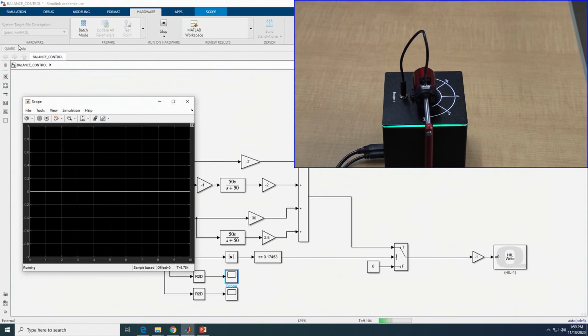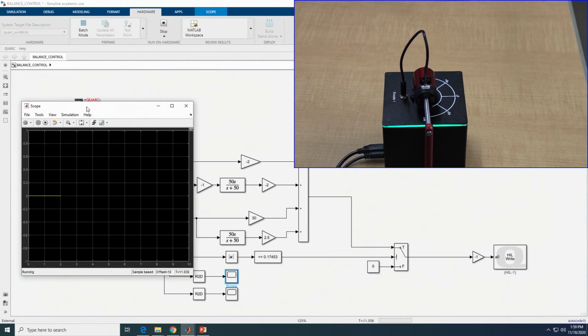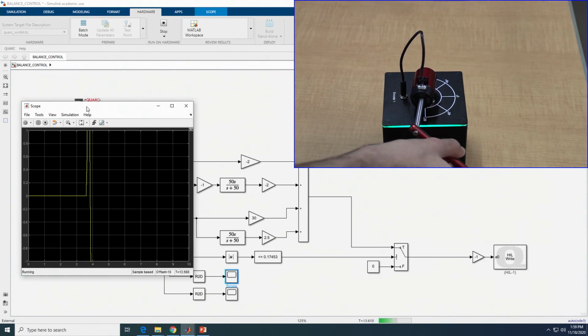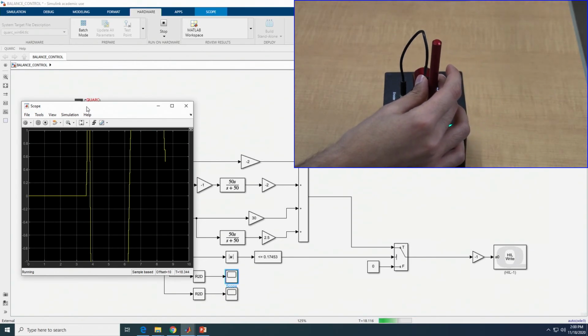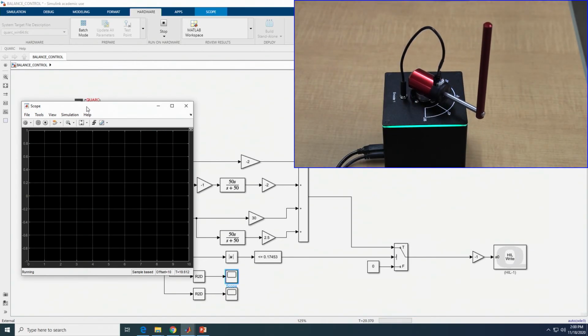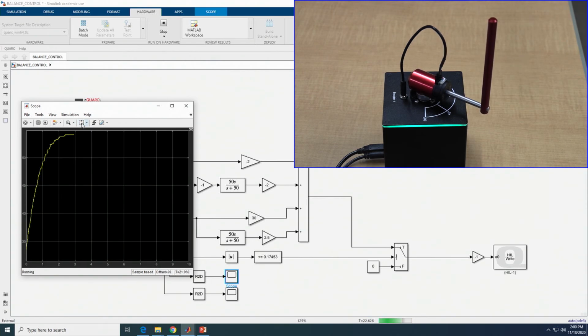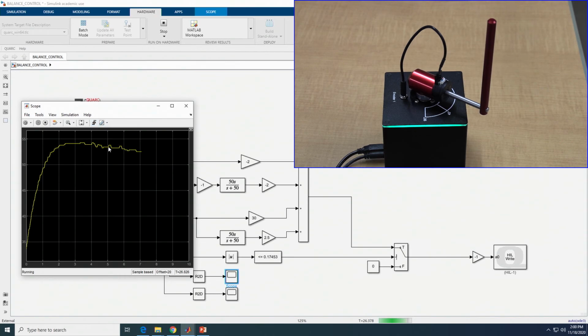Right now the theta value is at around 0. I'm going to have the pendulum enter the -10 to 10 degrees range and observe how the theta value changes over time.